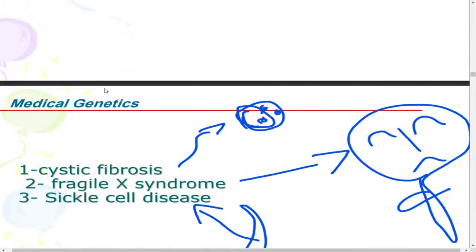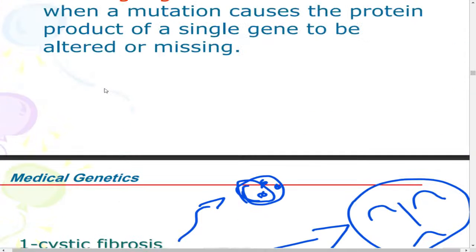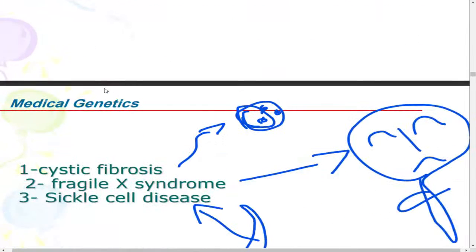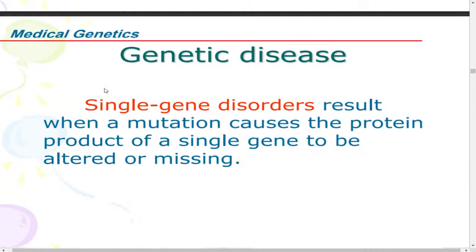Fragile X syndrome, sickle cell disease, or single gene disorders. We only studied cystic fibrosis, but we know the meaning of sickle cell disease and fragile X syndrome. Single gene disorders are mutations in one gene.